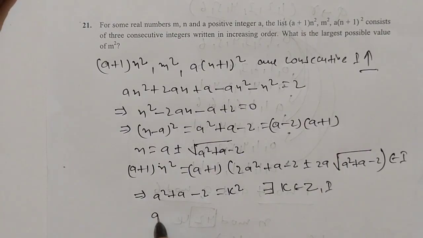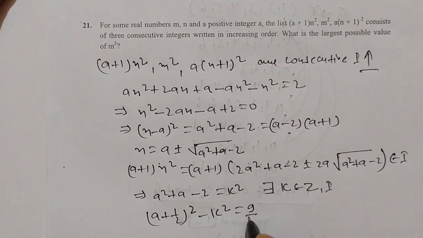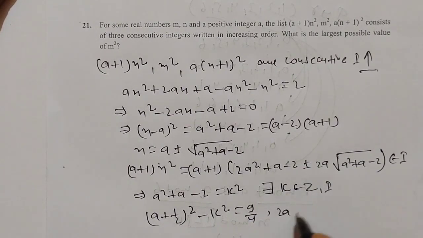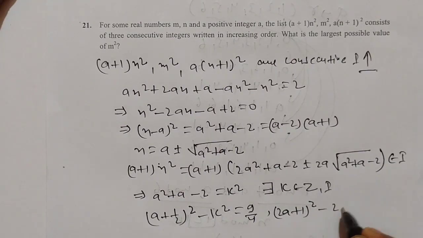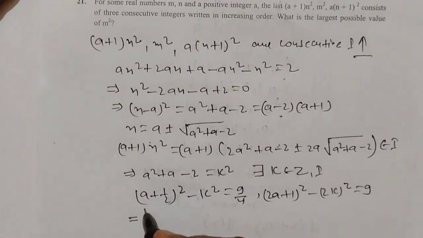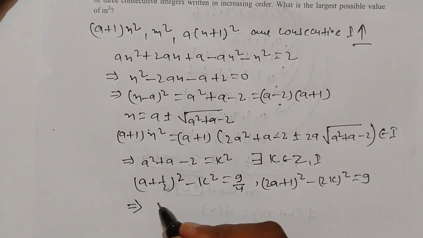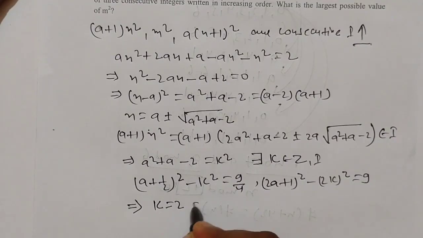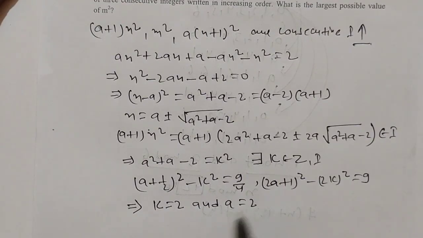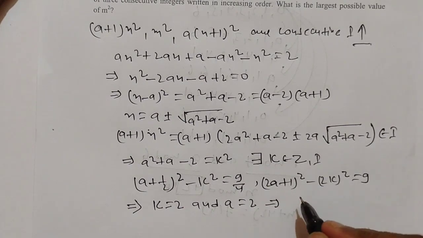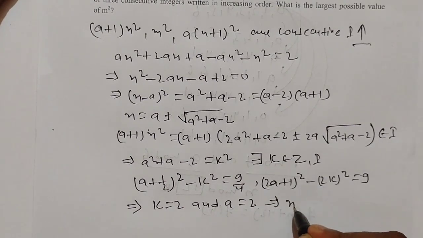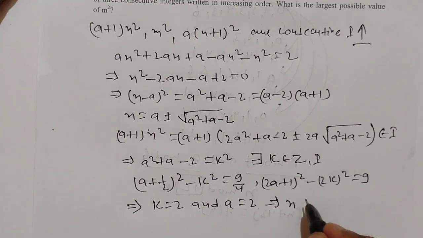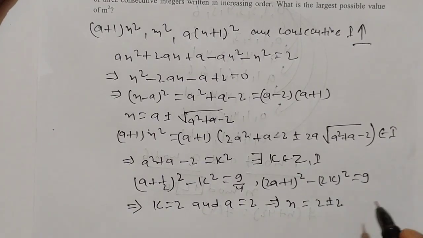And now we have a plus 1 by 2 whole square minus k square is equal to 9 by 4, and here 2a plus 1 whole square minus 2k square is equal to 9, and this will imply the value k is equal to 2 and a is equal to 2, and this will imply the value of n is equal to 2 plus minus 2, this is 4 and 0.